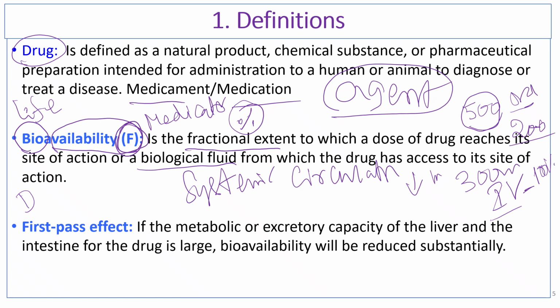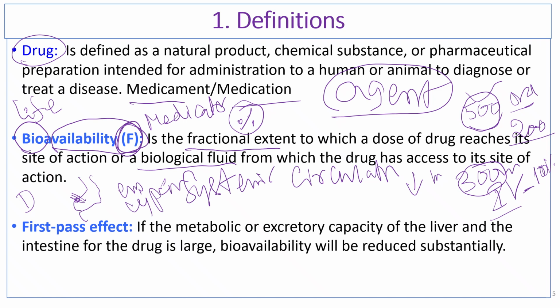In the first pass effect, for example, you take a pill. So this is the gastrointestinal tract, right? It has to cross this membrane. While crossing these enterocytes, you have a lot of enzymes, for example cytochrome P450 enzymes, and they metabolize the drug, right? So out of 500, you get only 300 in the systemic circulation.